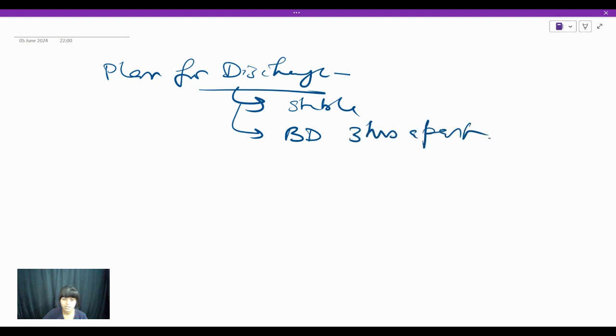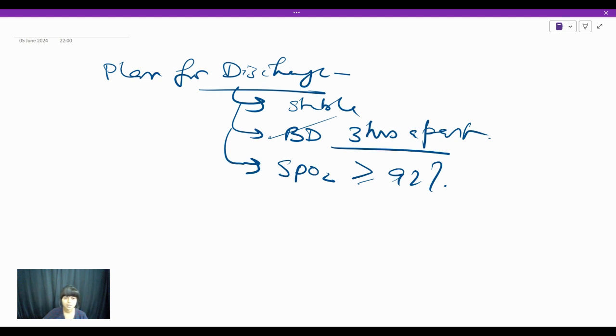Okay, so the frequent dosing is gone. The bronchodilators, the child is now taking 3 hours apart. This is a criteria you can discharge the child. The SpO2 is maintaining above 92% without oxygen. Okay, so if the child is physically stable, now you can plan for discharge.